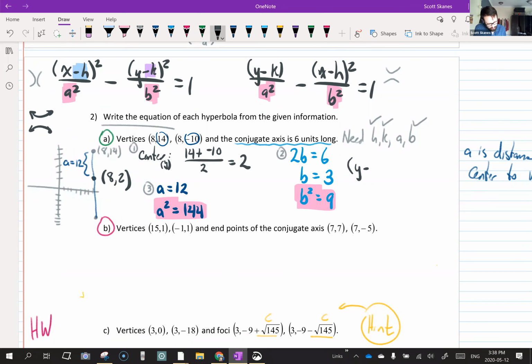My center is 8 and 2. So it's y minus 8. Oops, y minus 2. I'll make this clear in a second.